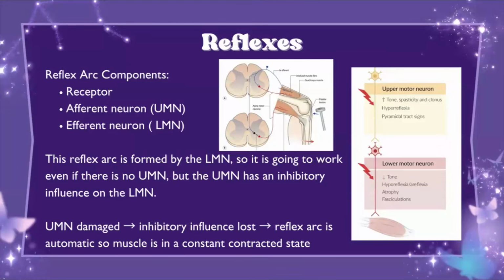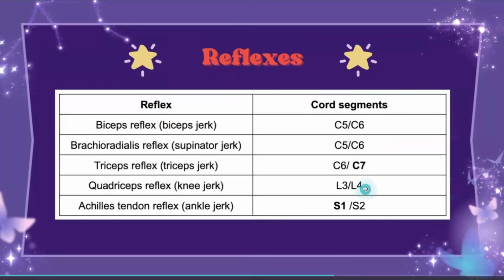But the upper motor neuron is important because it has an inhibitory influence on the lower motor neuron. So if there's no inhibitory influence on the lower motor neuron from the upper motor neuron, then the reflex arc will just start working on its own. It's automatic. And so the muscle will be in a constant contracted state. That's why you would have hyperreflexia in upper motor neuron damage. Okay? Right.